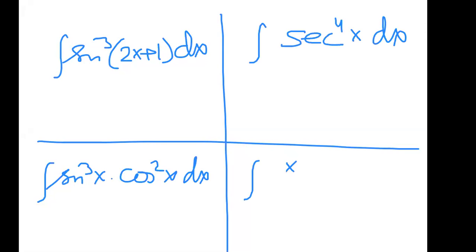X to power 1 by 2 upon 1 plus x to the power 3 by 2 dx. These are the 4 questions for the homework. So you have to do these questions. You need to practice. You need to revise similar questions at home. Then only you will be able to answer.